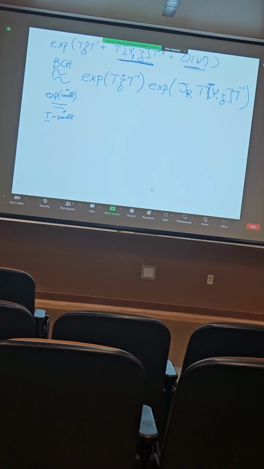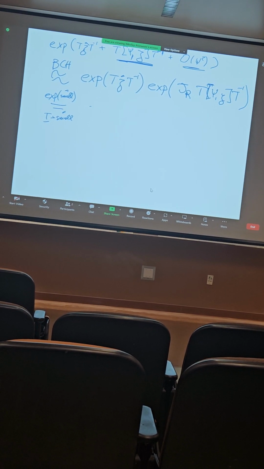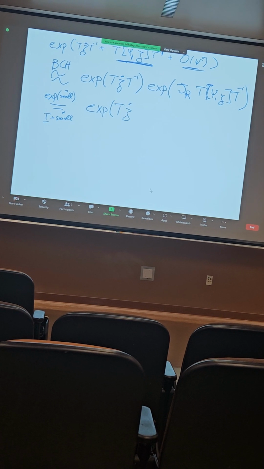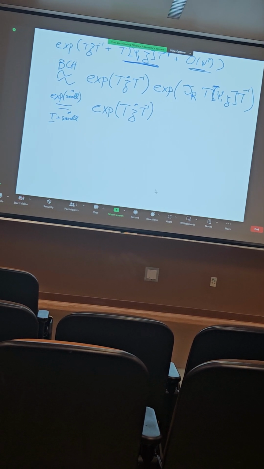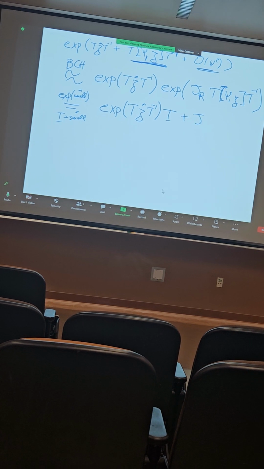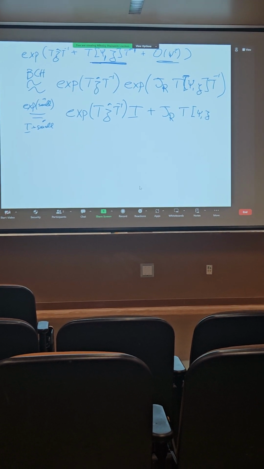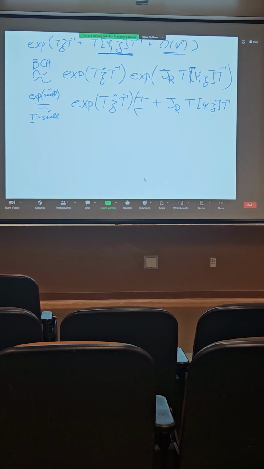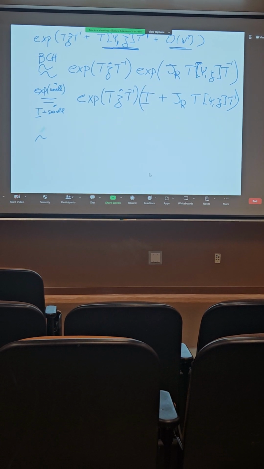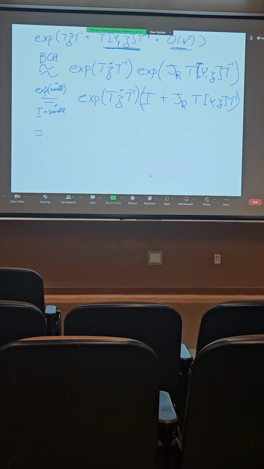So in the end, this will be approximately I plus JR T zeta T inverse.